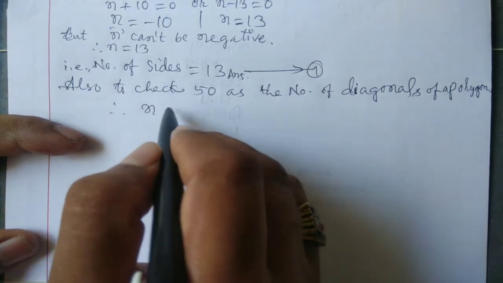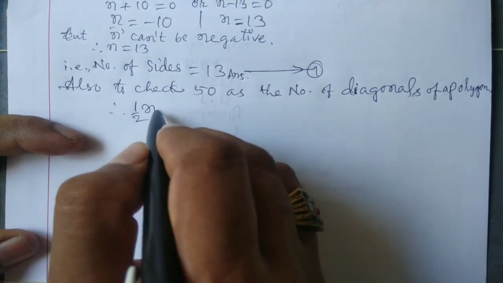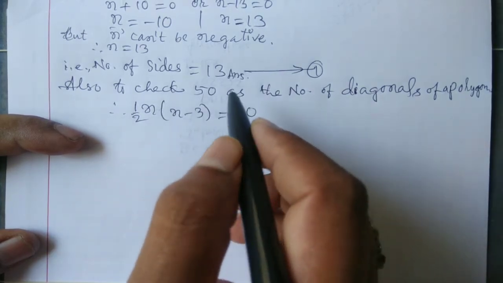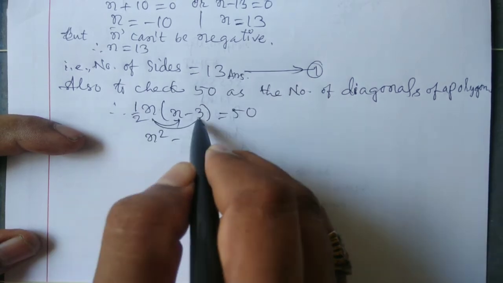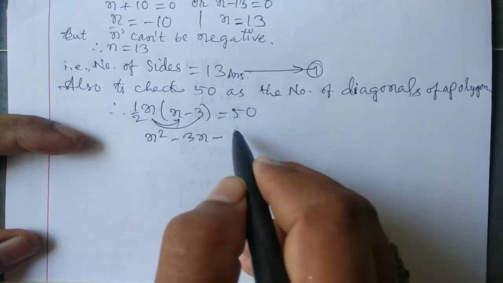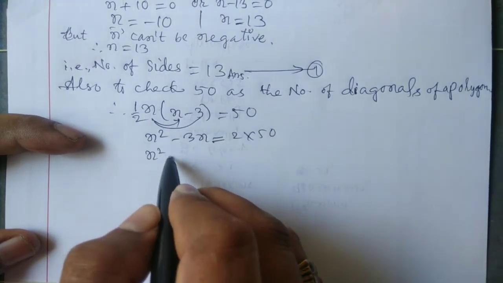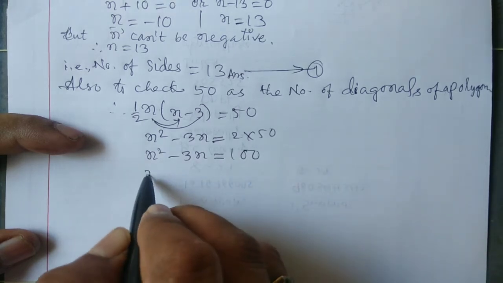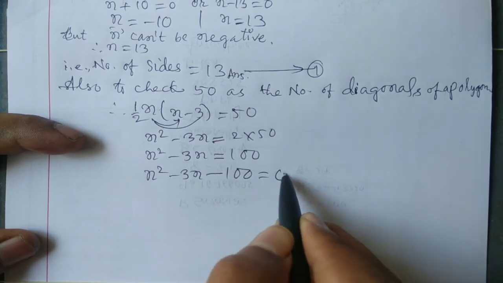Therefore, 1 by 2 n into n minus 3 is equal to 50. n square minus 3n is equal to 2 into 50. n square minus 3n is equal to 100. n square minus 3n minus 100 is equal to 0.